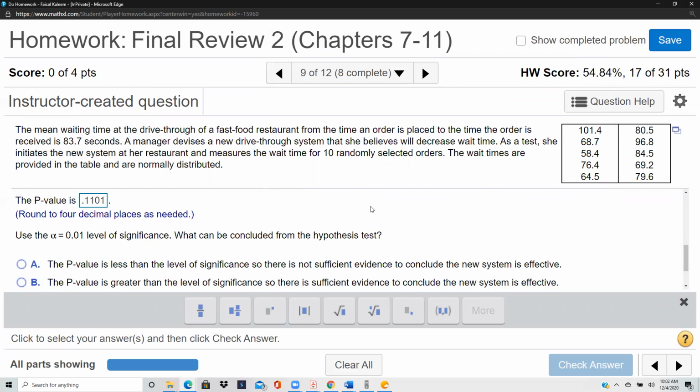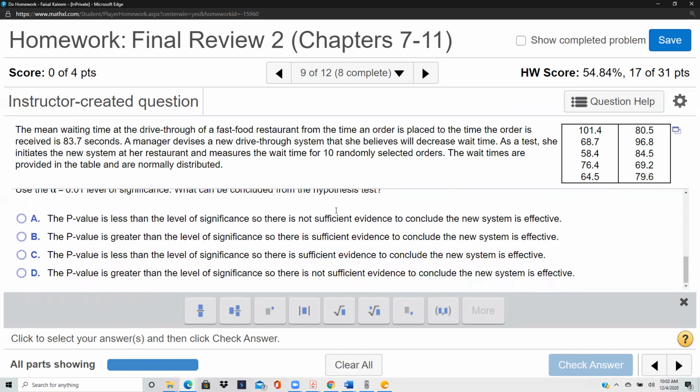We reject if the p-value is less than alpha. Good. So right here, the p-value is greater than alpha, so we do not reject.